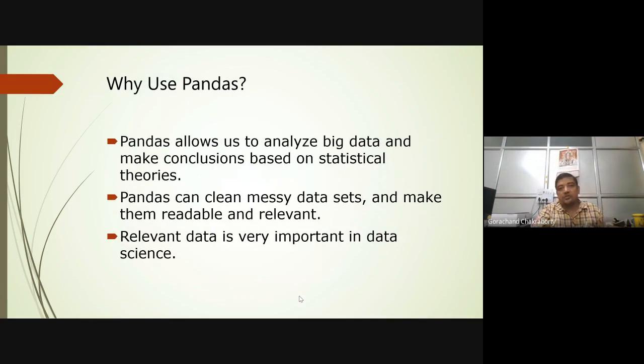So why use pandas? Pandas allows us to analyze big data and make conclusions based on statistical theories. Pandas can clean messy data sets and make them readable and relevant. Relevant data is very important in data science.